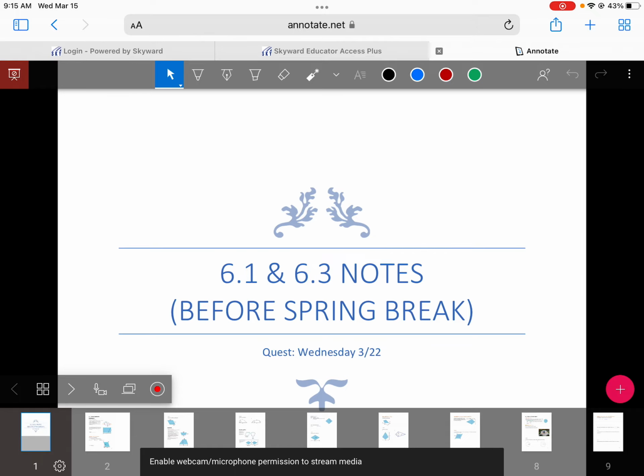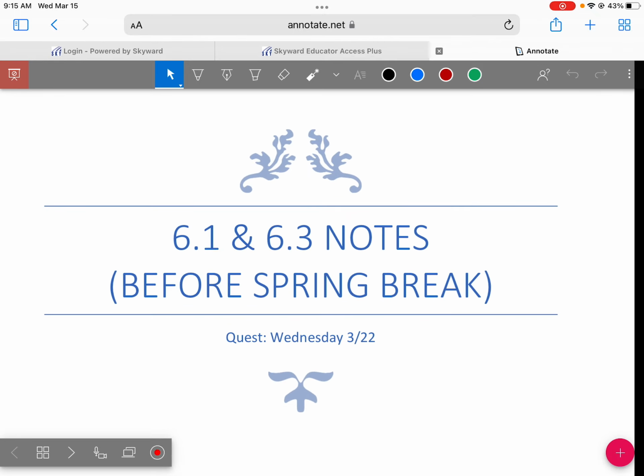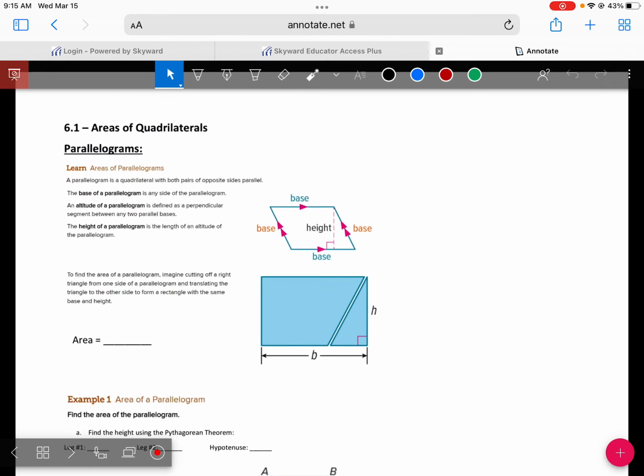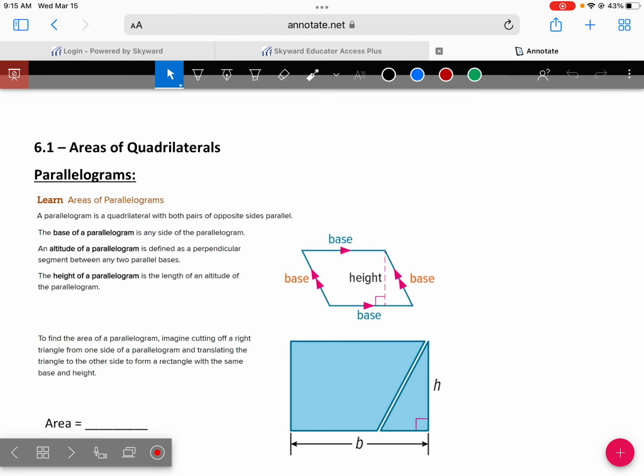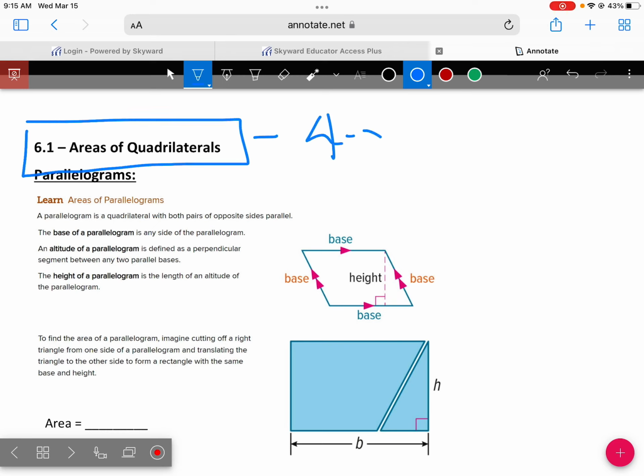What does quad mean? 4. So we are talking about quadrilaterals. I would put a big box on it and say that is a 4-sided polygon or figure. A polygon is just a closed figure.